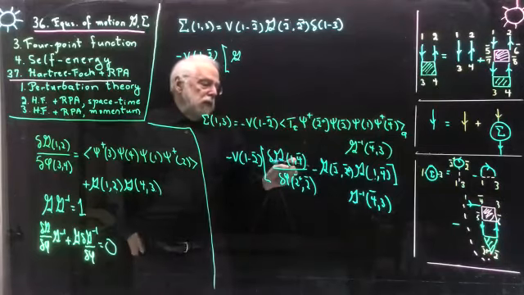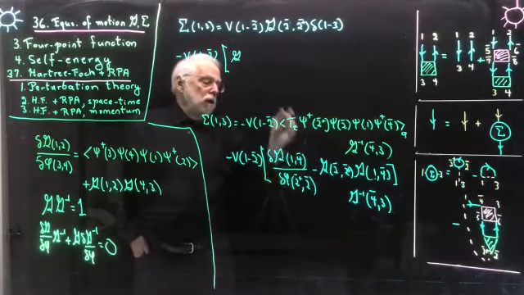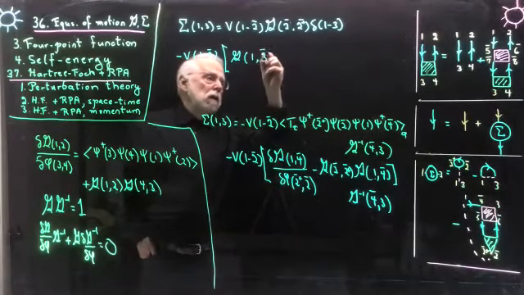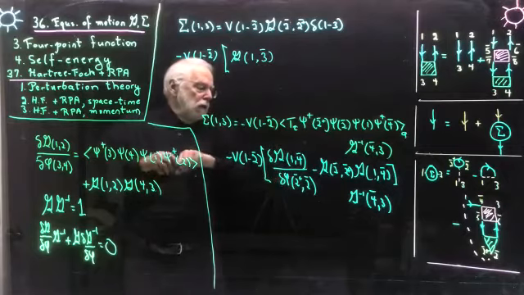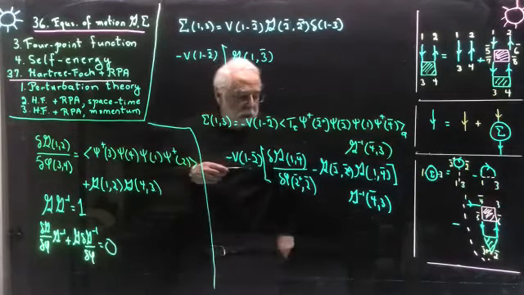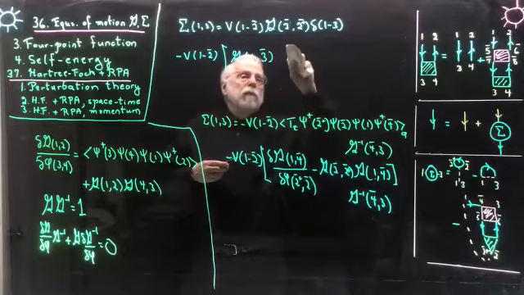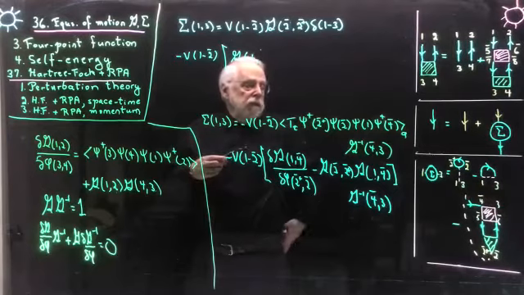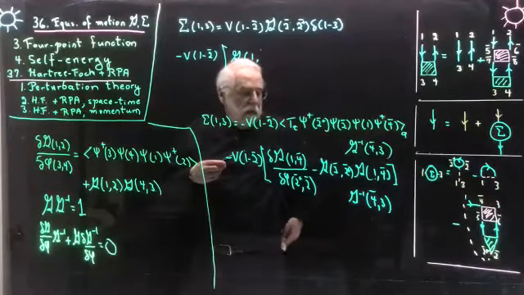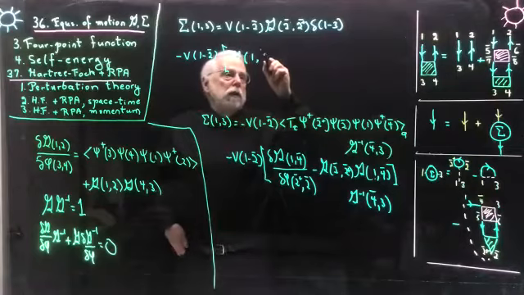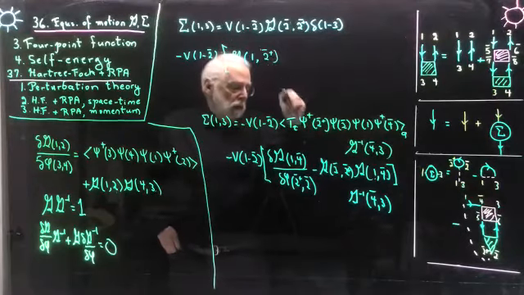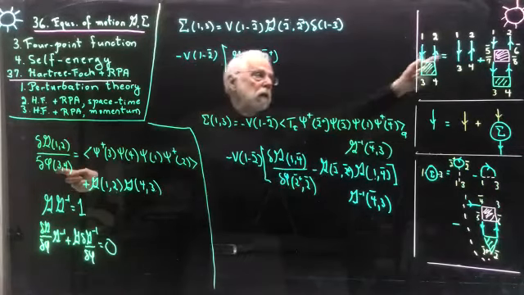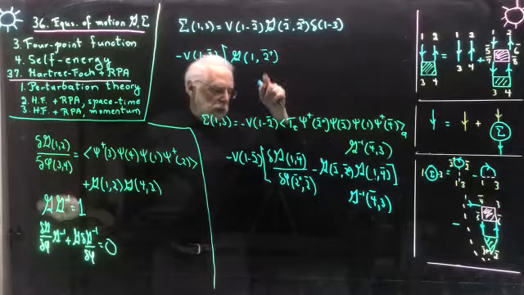We have G of 1 2 bar plus. Okay, this is 1 2, we have 1 3 here, so we have 1 2 bar plus.